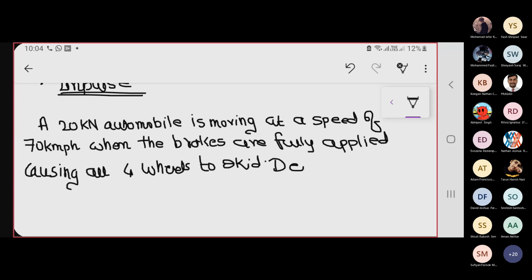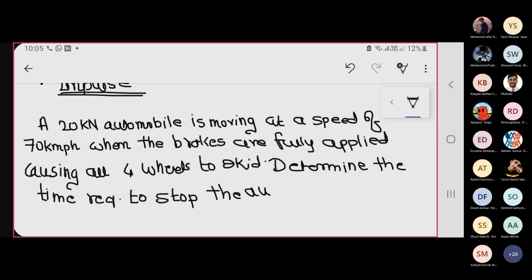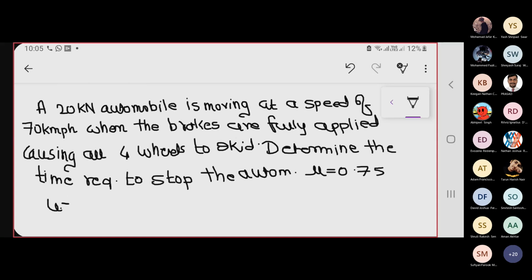Determine the time required to stop the automobile, given the coefficient of friction of the road is 0.75.